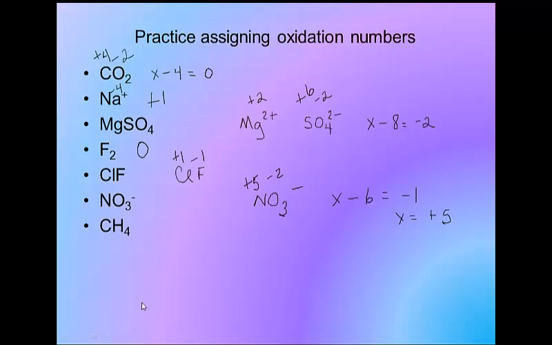All right. This is hydrogen, which is attached to a nonmetal. So the hydrogen is actually the positive end. And there are 4 of them. That means my carbon has to be the negative end.